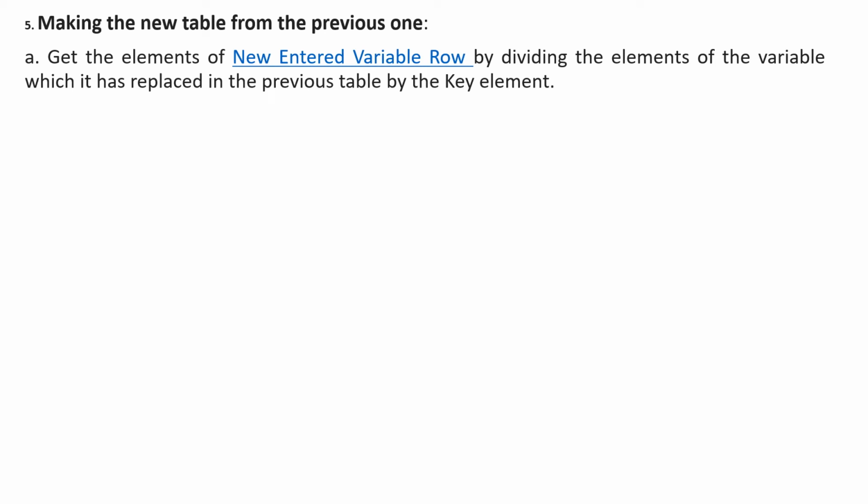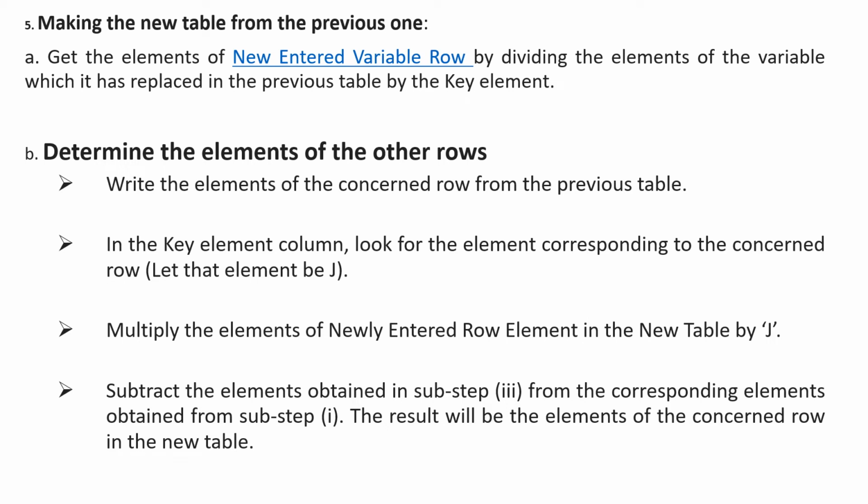So to get the elements of the x1 row in the new table, I have to divide all the elements of the S1 row in the previous table by the key element, that is 2. Right? Once we get the elements of the newly entered variable row, then we will determine how to get the elements of other rows. These are the steps of getting the elements of other rows. You can make a note of it and then we will see how to apply these steps in order to get the elements of other rows.